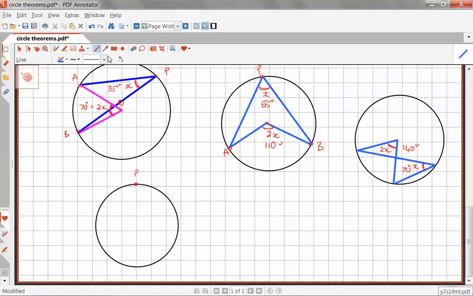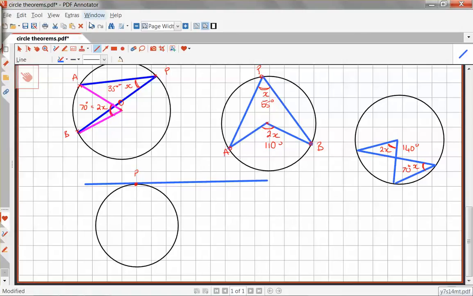It's a line across the circle. No, it doesn't cross the circle actually. It touches the circle only at one point. Now it's going to be a bit more difficult for me to do. It doesn't have to be horizontal like this, but I just need it to touch the circle at that one point. Okay, so that would be the tangent.